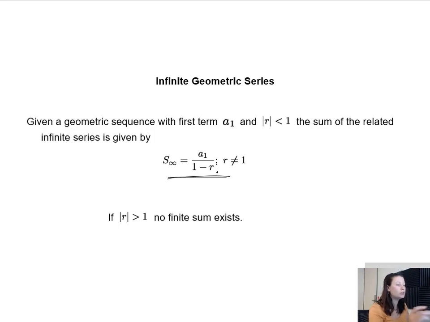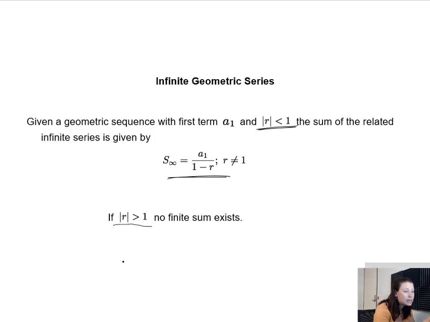So notice here we also have one other qualifier, that the absolute value of r is less than 1, okay? Meaning the terms are getting smaller, all right? So if the terms get bigger, r is greater than 1, no finite sum exists, because it keeps getting bigger and bigger and bigger infinitely. Well, that just gets bigger always then, right? So we have no set sum.